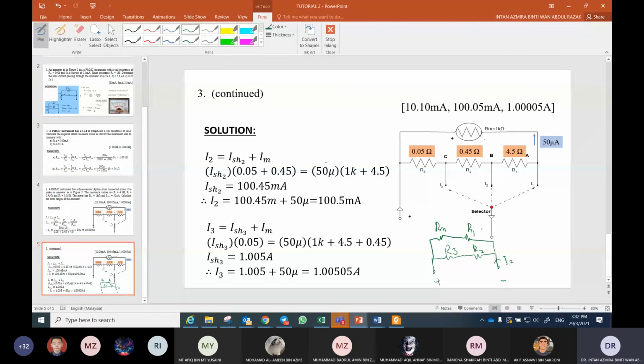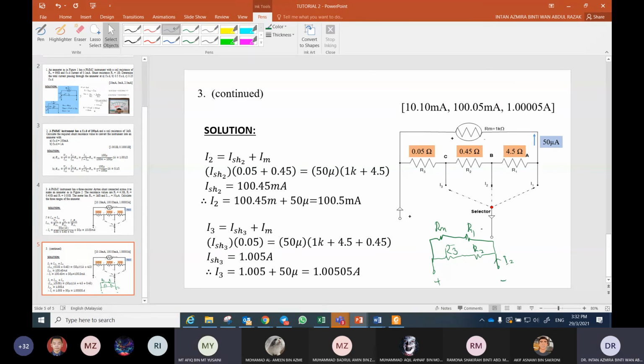That's why. This is V shunt 2. This is the voltage drop here. The voltage drop here is equal to I shunt 2, the current flowing through here, multiplied by R3 plus R2, 0.05 plus 0.45. The voltage drop here is equal to IM multiplied by the summation of resistors here, RM plus 4.5 R1. Can you understand?